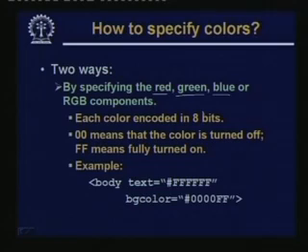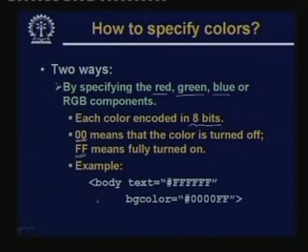So, in this method we are specifying the red, green and blue components separately, and each of these components is encoded in 8 bits. So, in hexadecimal it can be minimum 00, maximum FF. 00 means the contribution of the color is minimum, it is turned off. FF means the contribution is maximum.